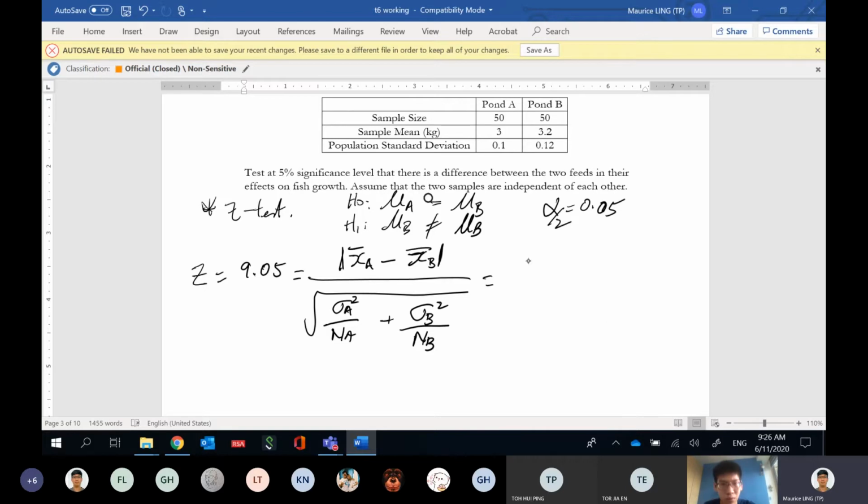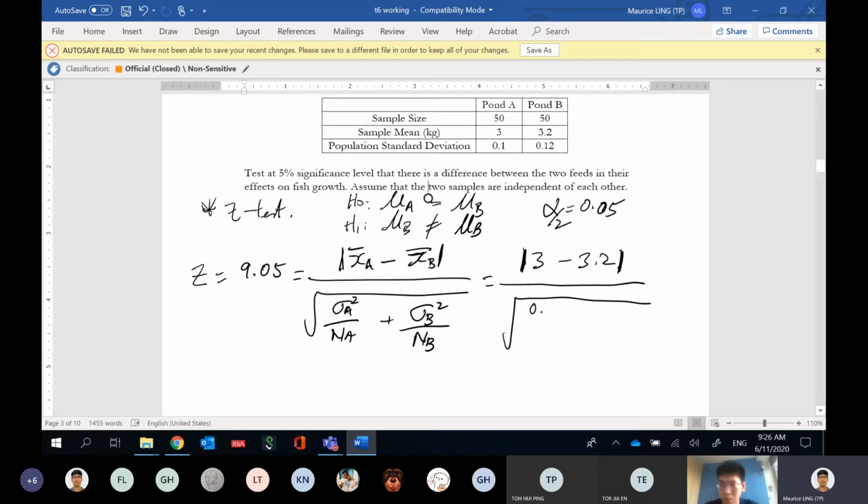You take 3 minus 3.2, absolute value, then 0.12 squared over 50 plus 0.12 squared over 50, so this is 0.2. So you get 9.05.